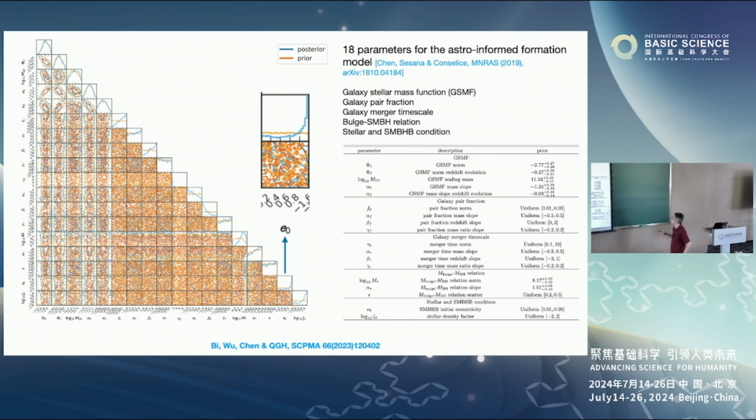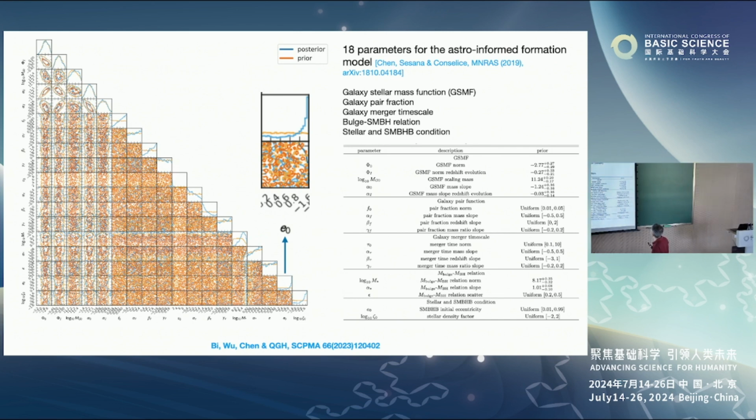Fortunately, some of these parameters have been constrained by astrophysical observations, but there are still some free parameters for us. So we propose to use this new gravitational wave dataset to constrain the following. Galaxy mass function, yes.